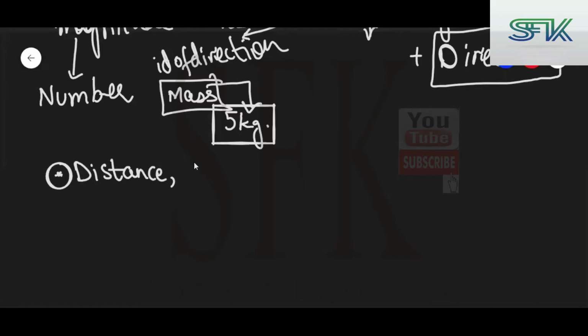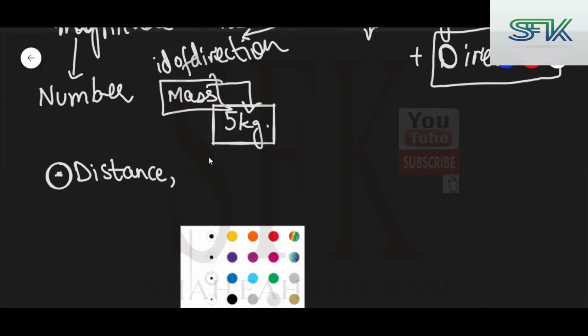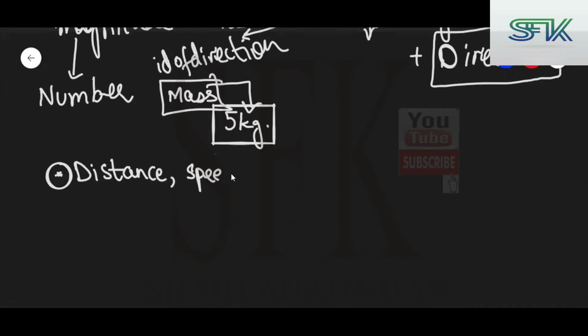Length can be of two types, distance or displacement, but if just length is mentioned, it's a scalar quantity. Speed is a scalar quantity. Time is a scalar quantity. Mass is a scalar quantity, as I told you earlier.